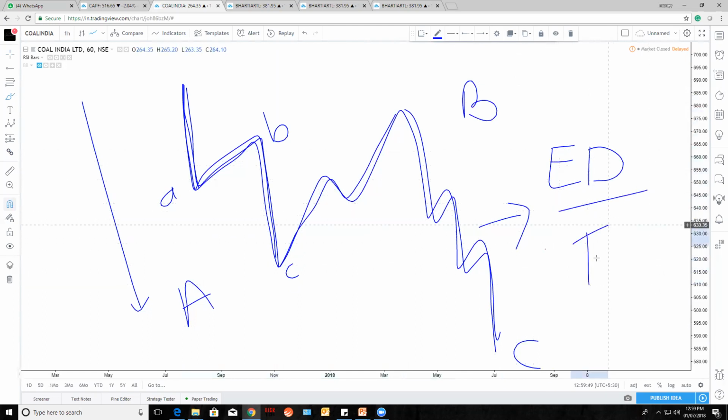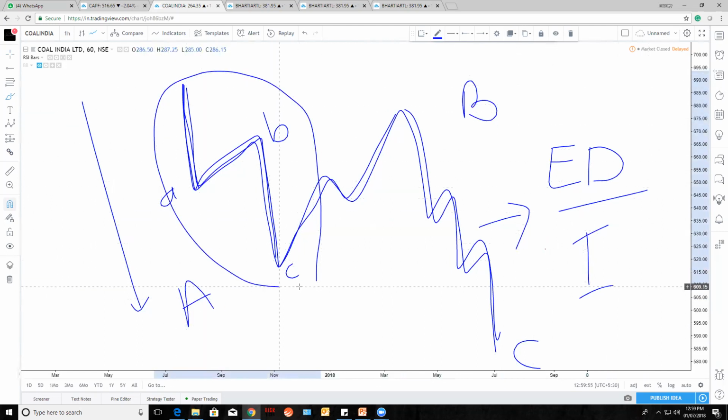The only change between the flat correction and a zigzag correction is wave A. Getting my point? So what is the major difference between the flat correction and zigzag correction? In a zigzag, A might be an impulse or a diagonal. Here in a flat, the A wave cannot be a diagonal. It is not a 5-wave structure.